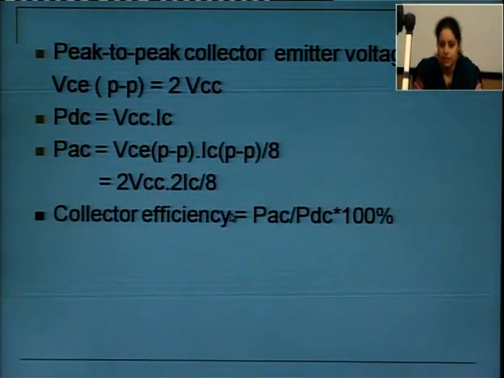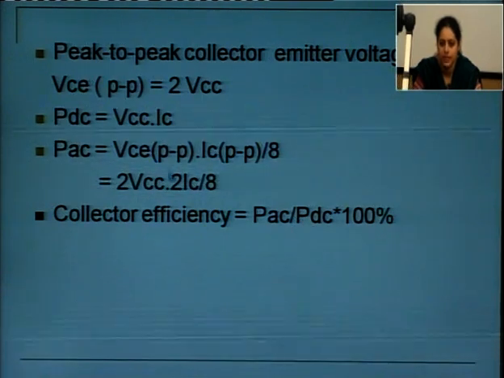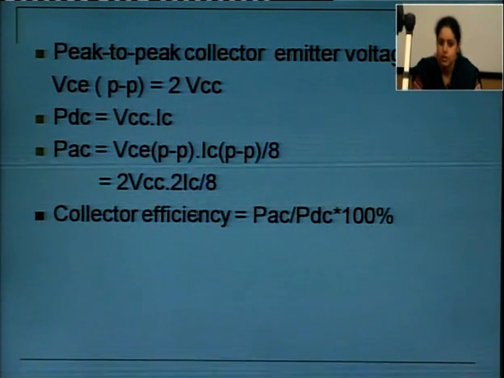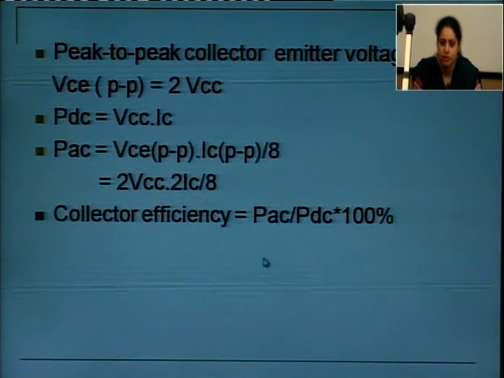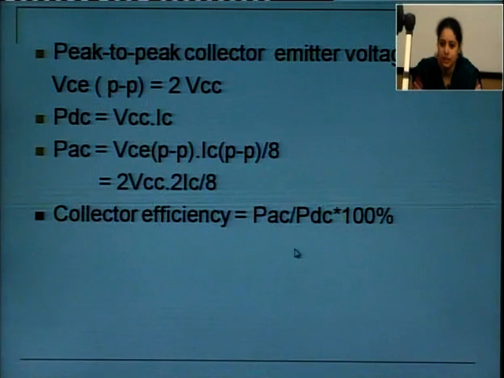Now collector efficiency is PAC upon PDC, you are having the value of PAC also and you are having the value of PDC also. We can substitute these two values here. PAC is your 2 VCC into 2 IC by 8 upon PDC, that is your VCC into IC.